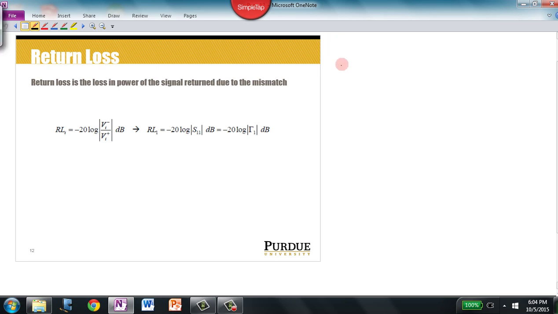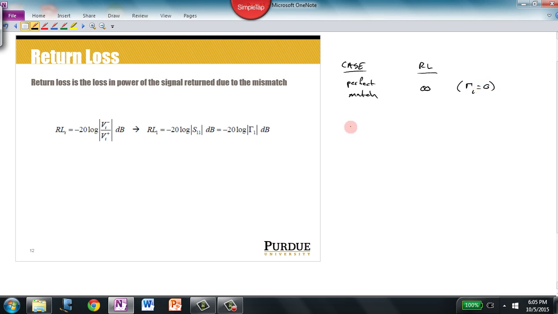So the case is perfect match, and then return loss is infinity, and that's due to the fact that the reflection coefficient in a perfectly matched system is equal to 0.